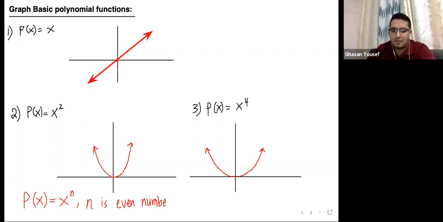What are the even numbers? Can anyone remind me what even numbers are? 2, 4, 6, 8, exactly, Eric. Thanks. 2, 4, 6, 8, 10. All these numbers are even numbers. All of them have the same shape.